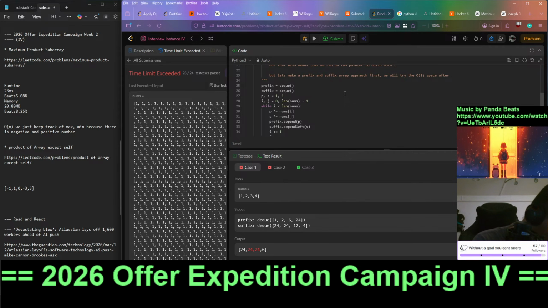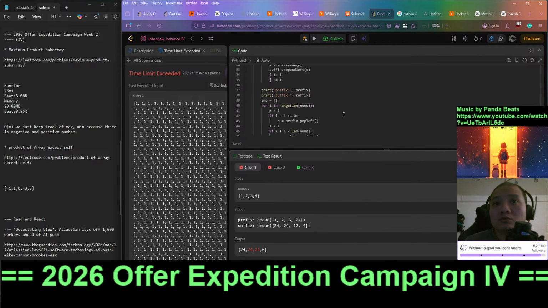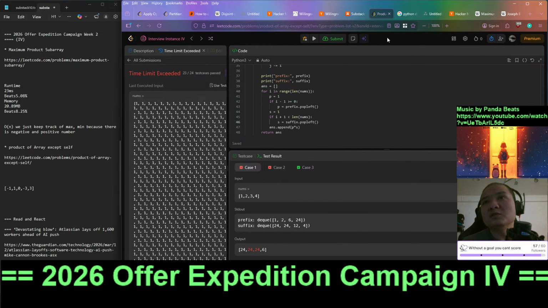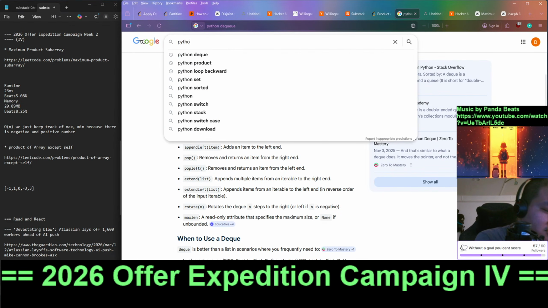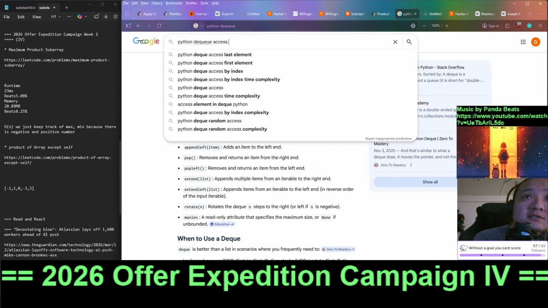So we add the first position, right? We want to pop the, wait, hold on, can we do 1? First we want to sum all of them together or something. So we have 1, so how do you access Python deque index by index?